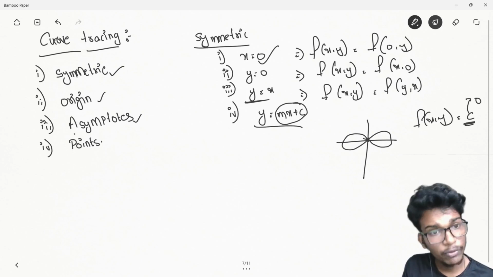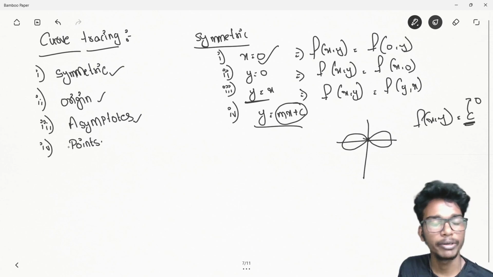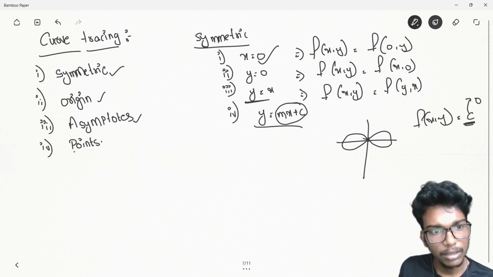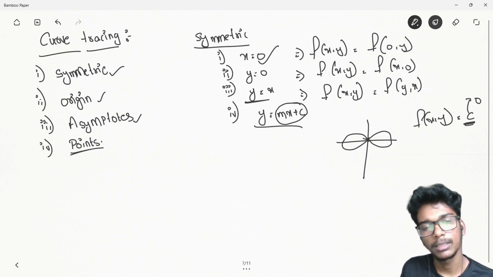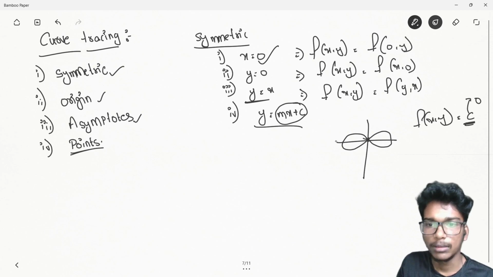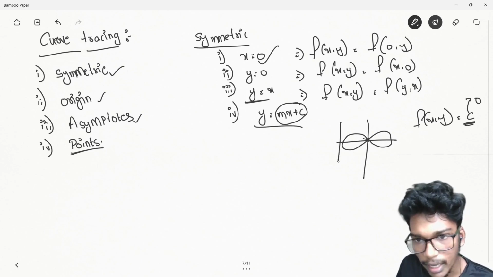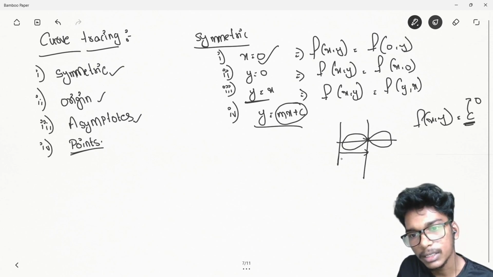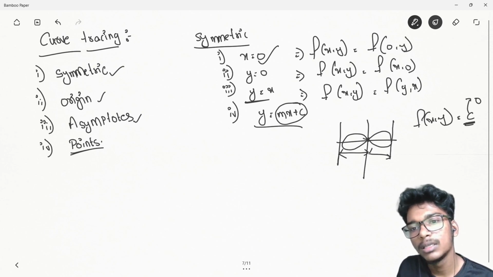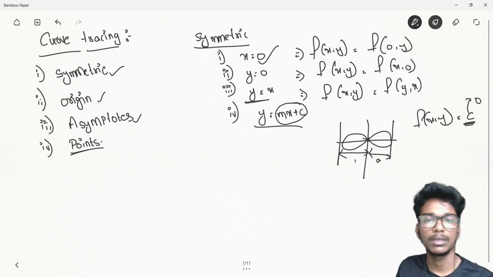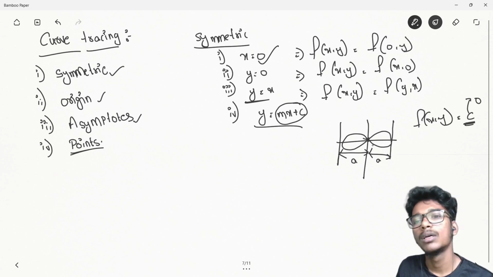Asymptotes are used for bounding the curve between lines. For this function, I have a tangent at a certain distance, and another tangent at a certain distance. These distances are symmetric. As the function is symmetric about the y-axis, these distances are going to be the same.